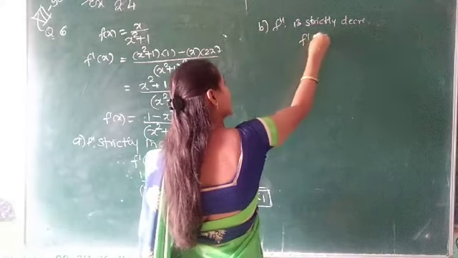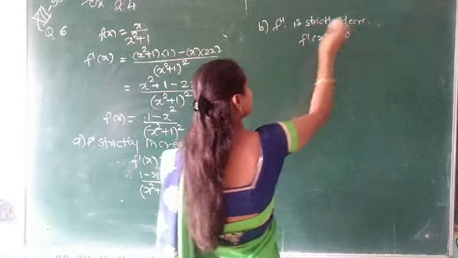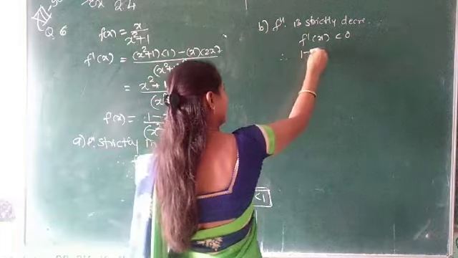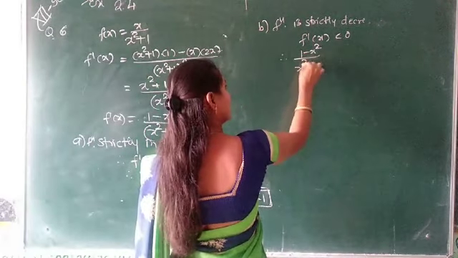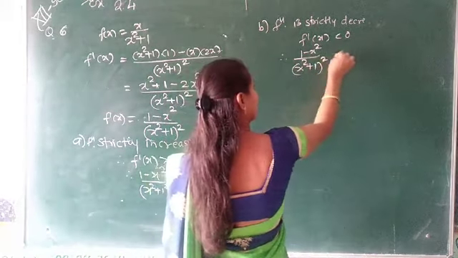Decreasing, that is f dash of x is less than 0. Therefore, 1 minus x square upon x square plus 1 square less than 0.